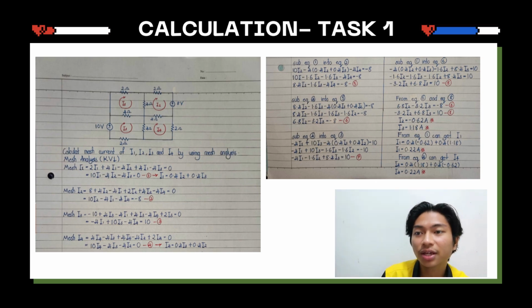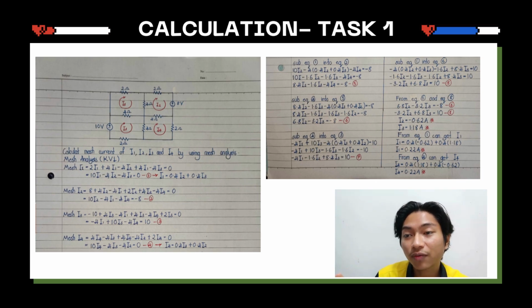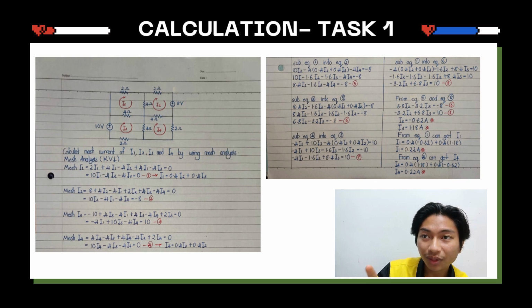For mesh at I3, negative 10 volt. As you can see, at I3 we have a 10 volt voltage source. It has a minus value because of the negative and positive terminals, so when the current flows right here, it becomes the negative value.